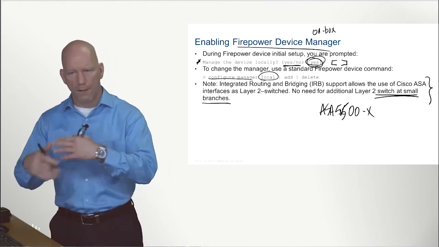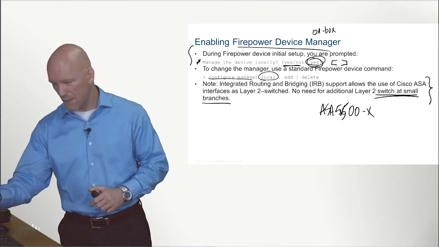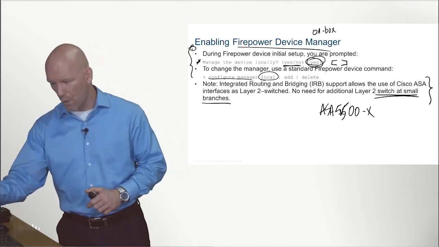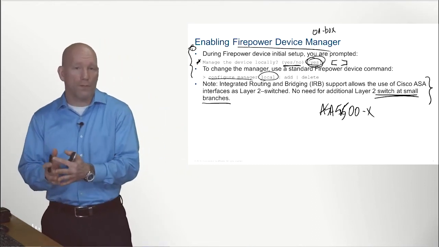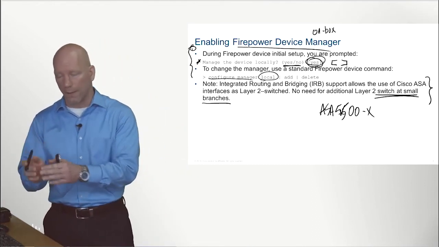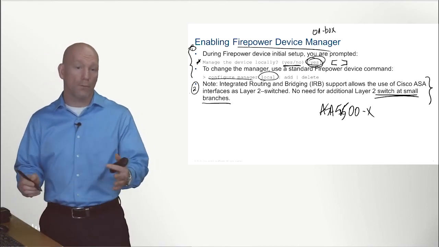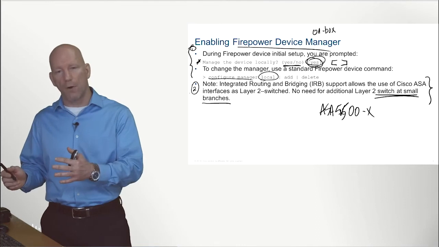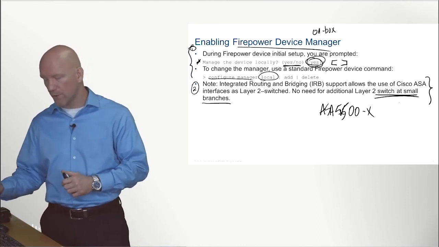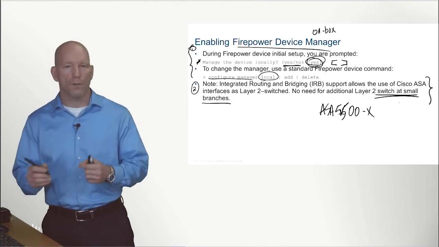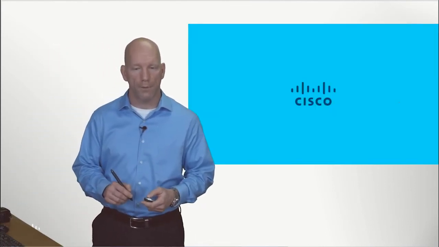But before we move on and finish up this topic, I just want to say again, if you ask me, we have two different things that we're talking about in this slide. Thing number one, which is how can I decide if I want to use the on-box management only? And then thing number two, which is, hey, don't forget your smaller 5505 ASAs have an integrated layer 2 switch for small number of connections in small office and home office type deployments.